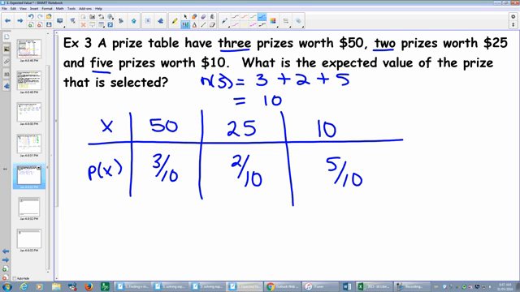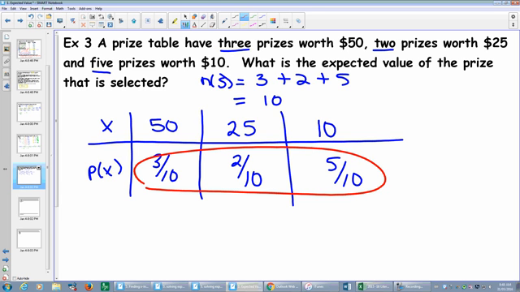Does anyone have any questions about how I just came up with this? You will notice that when you are doing all of these probability distribution questions, when you add up P of X, it has to give you 1, or in other words, 100%. We're accounting for all possible outcomes here.